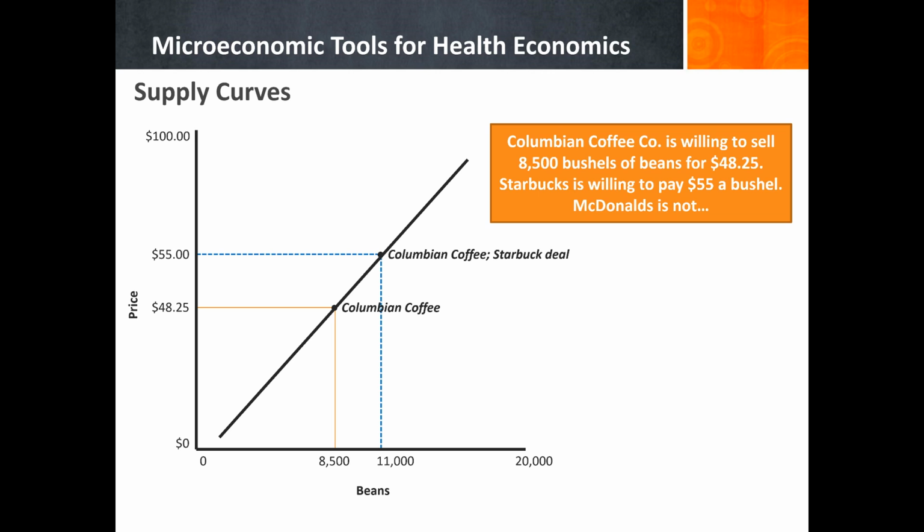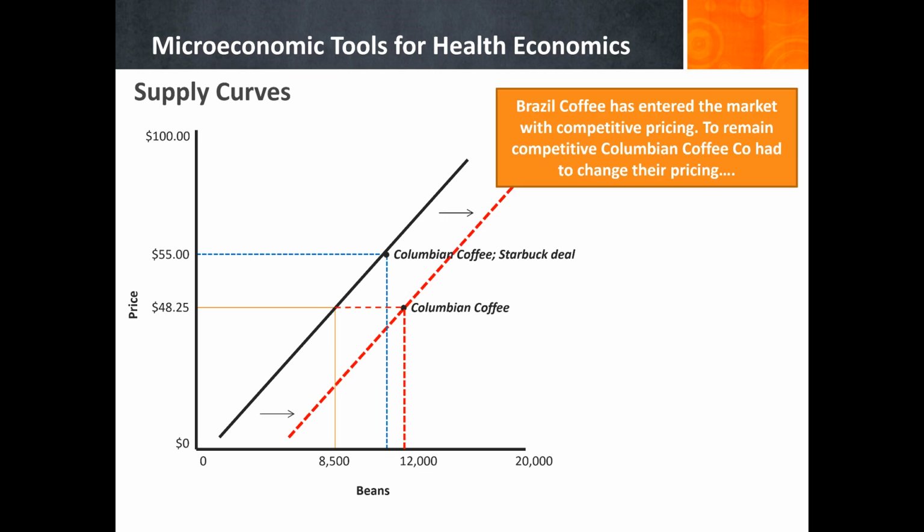Columbia Coffee is willing to sell 8,500 bushels of beans for $48.25. Starbucks is willing to pay $55 a bushel. McDonald's is not. So you see the suppliers offering a higher price to Starbucks, and they're getting a higher quantity. So it jumps up from $55, the quantity jumps up to 11,000 bushels, right?